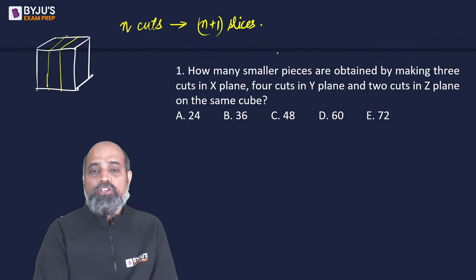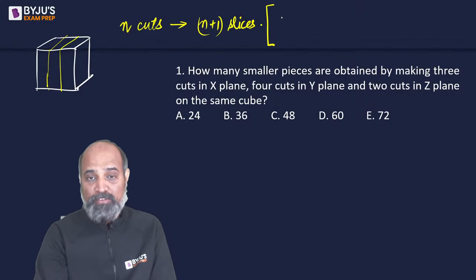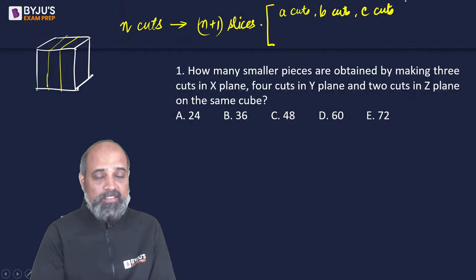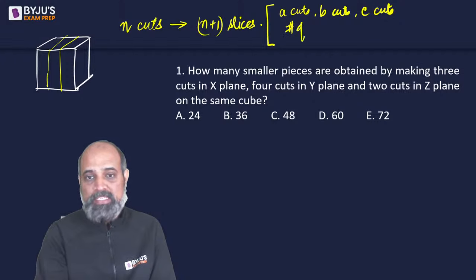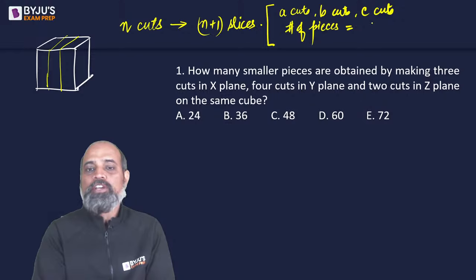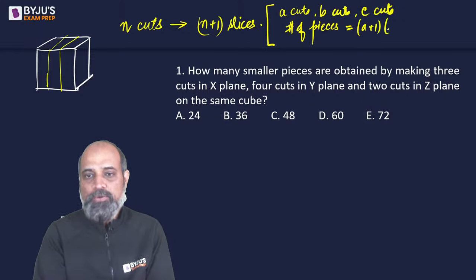Okay. So from here, there are 2 formulas that come up. First is, if you have A cuts, B cuts, and C cuts along the 3 axes, then the number of total pieces or the number of total cubes or cuboids, whatever they are going to form, is going to be A plus 1 into B plus 1 into C plus 1.